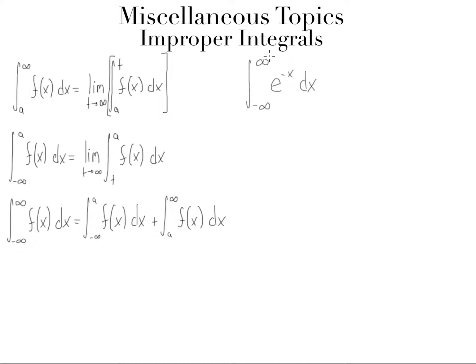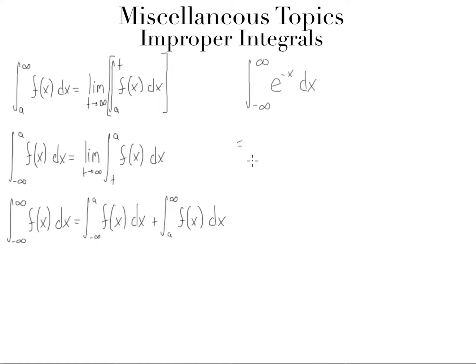What I want to get is the integral from negative infinity to infinity of e to the negative x dx. Now we know that when we have negative infinity to infinity, we have to break the integral up into two components, the integral from negative infinity to a and a to infinity. So here I'll choose a as 0.